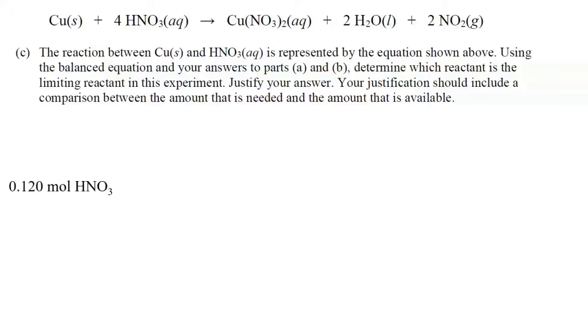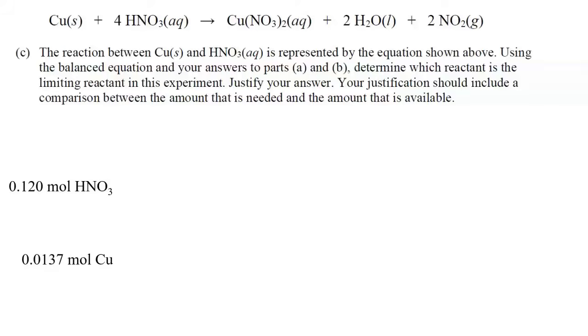So earlier we had calculated in part A that there was 0.120 moles of nitric acid that was used in this experiment. If we use the stoichiometry, the coefficients, we can convert moles of nitric acid into moles of copper. In part B, we determined that it was 0.0137 moles of copper in the brass alloy. Again, we can use stoichiometry to convert moles of copper into moles of nitric acid.